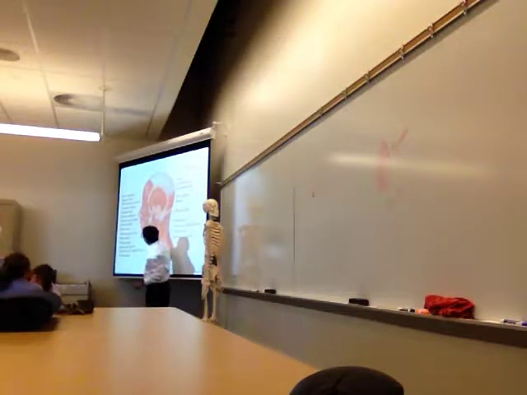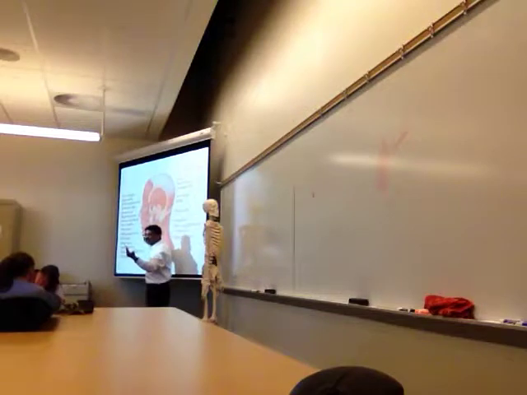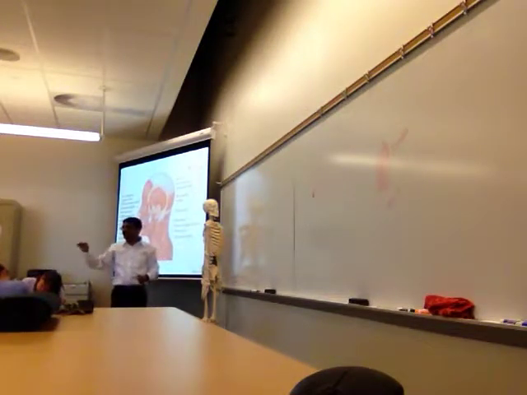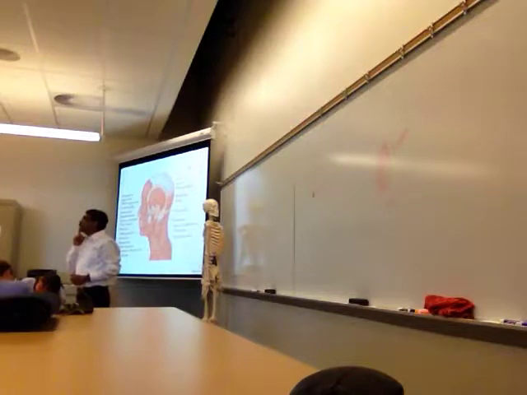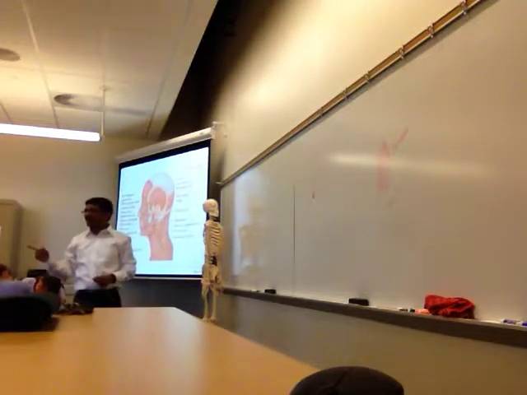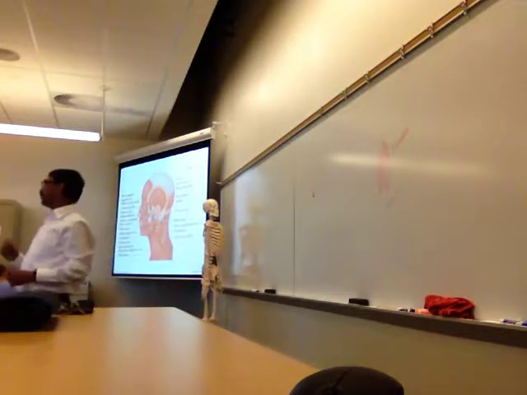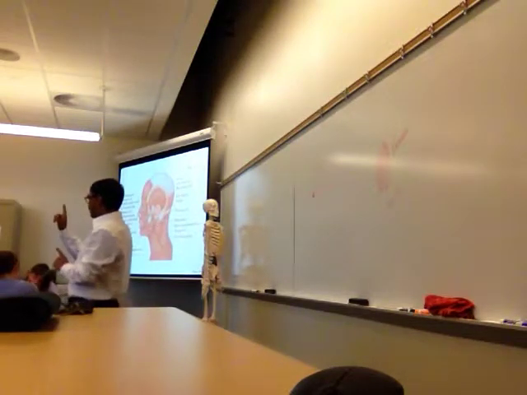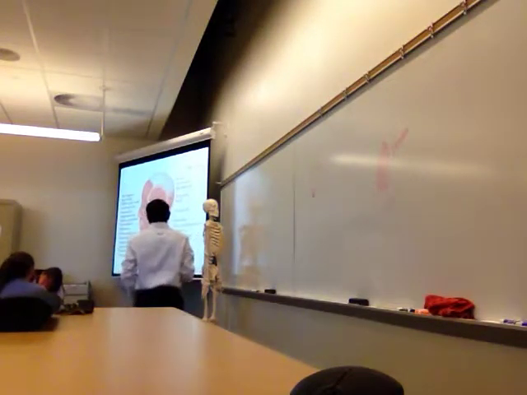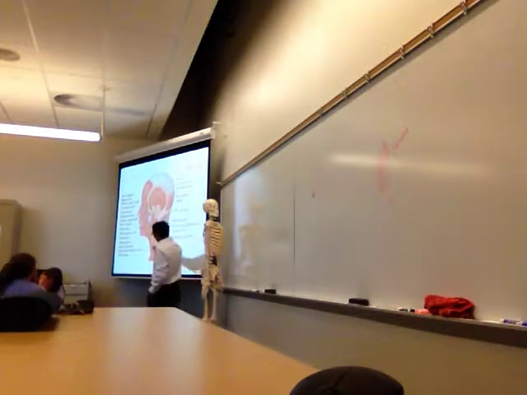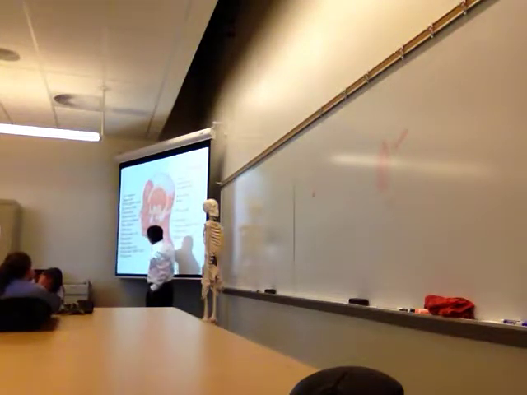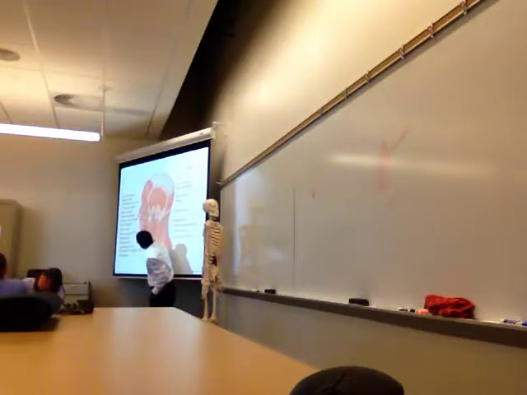Depressor labii inferioris, just opposite. Depressor will move down, labii, the lip. Inferioris, located below, and will move downwards. So levator labii superioris and depressor labii inferioris are just opposite. Depressor anguli oris, here. This picture is showing it kind of straight down, but this muscle is actually like this.